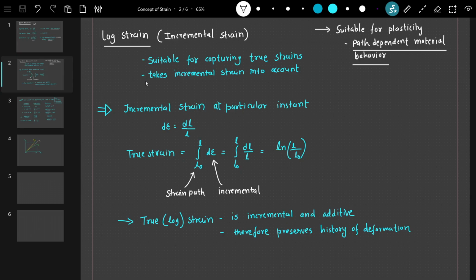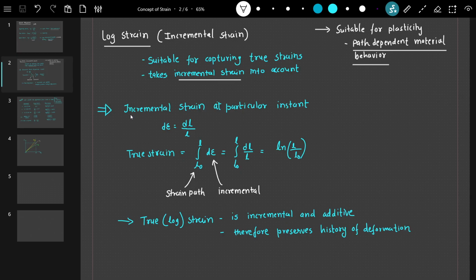And the log strain is derived by taking incremental strain into account. That is why it is suitable for capturing true strain: it captures the strain incrementally, so that we can capture the current length incrementally and add it into the total strain.